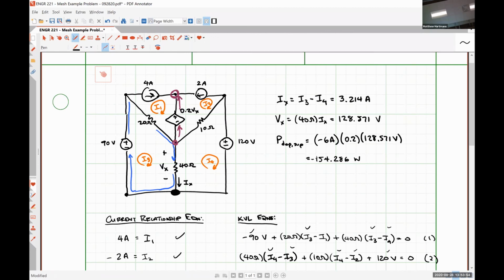Right, into the negative polarity terminal, and we're trying to find the supplied power. So that's why we tried to find the current flowing into the negative polarity terminal specifically, because we wanted supplied power, and supplied power is current goes into the negative terminal, absorbed power is current goes into the positive terminal.